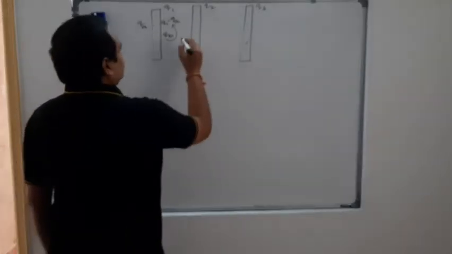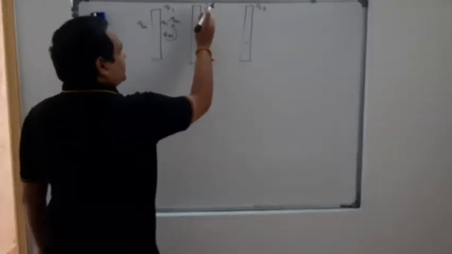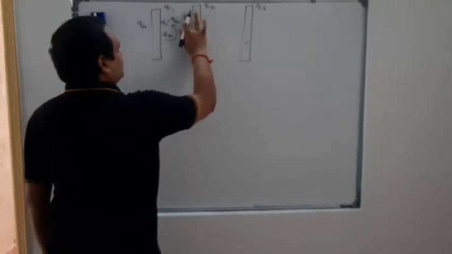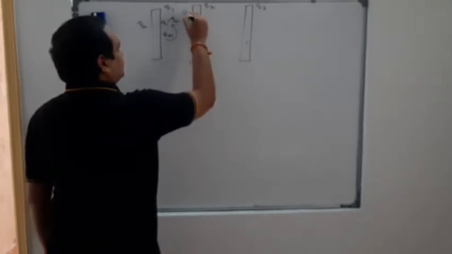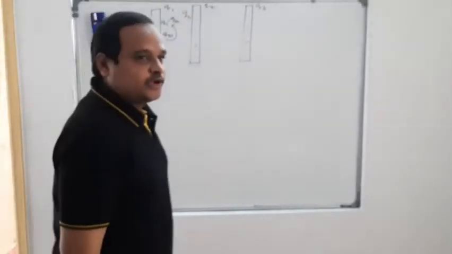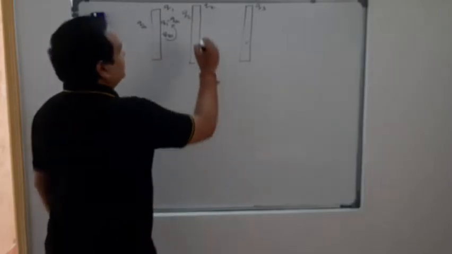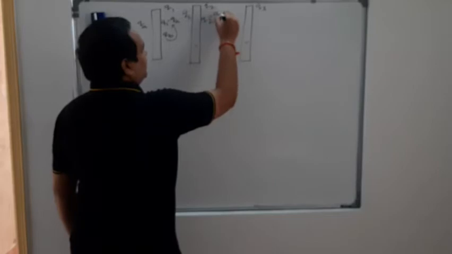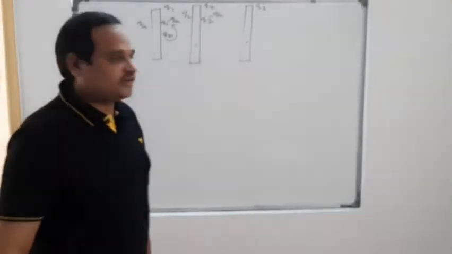So next step, from this Q2, let QC charge be distributed on the inner plate, and what is the charge distributed on the outer plate now? The remaining part, that is Q2 minus QC, obviously, right?